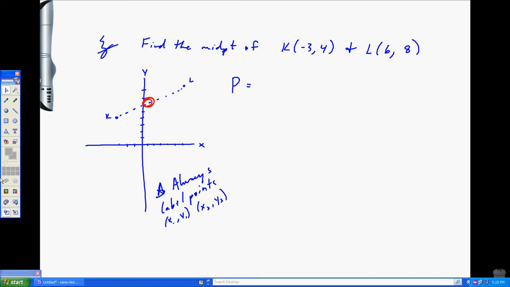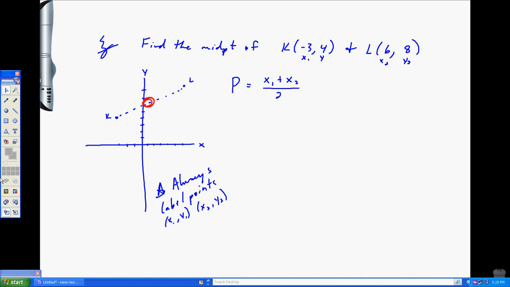You should always label them like so. So we'll do that. x1, y1, x2, y2. And remember, let's back up here. The midpoint, or the average of two numbers. So I'm going to find the average of the x's. So I'm going to add my x's and divide by 2.